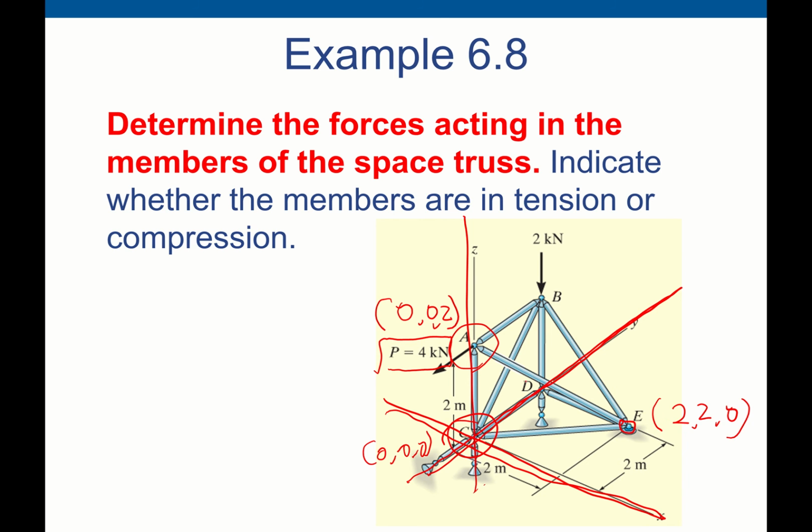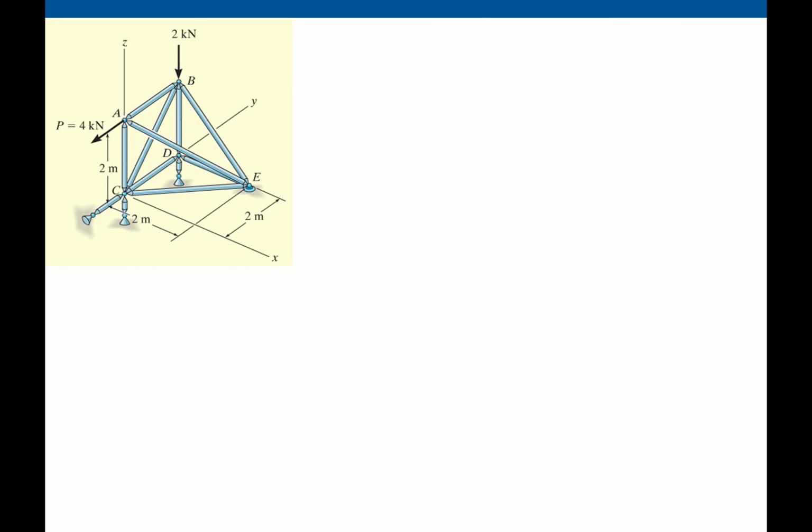That is number 1, AC, number 2, AE, number 3, AB. So we have 3 unknown member forces associated at joint A, as well as 1 known external force. So that means we have 3 equations and 3 unknowns. That means this is solvable. So let's solve the problem starting with joint A.